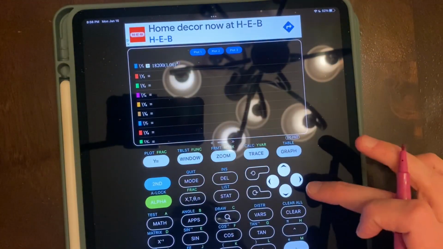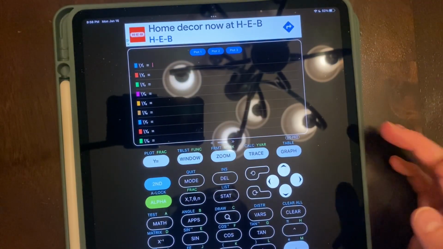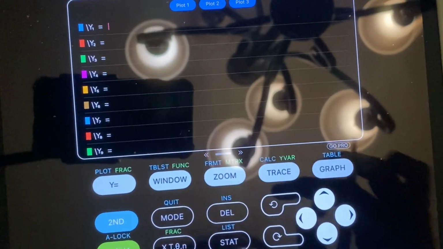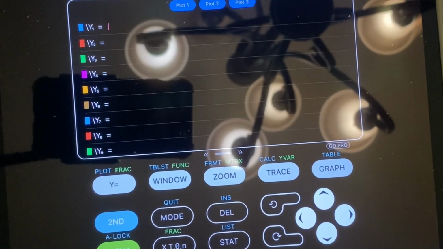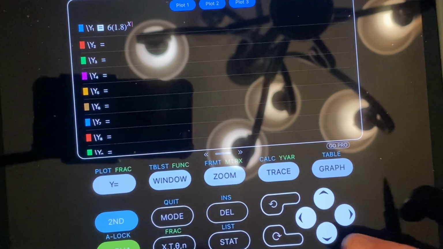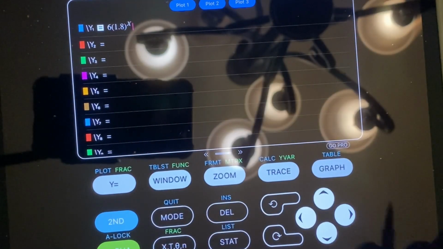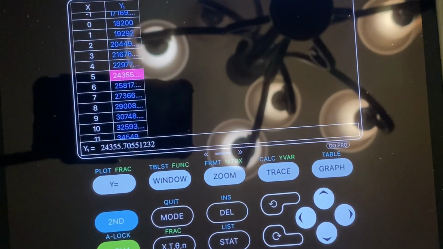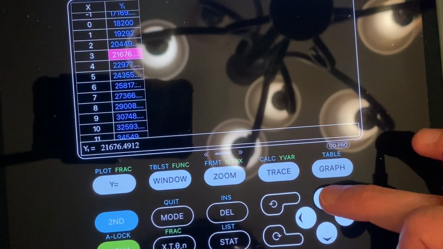Go to y equals, and I'm going to zoom in so you guys can see. Type in 6 times 1.8 raised to the x. Since there's not a c, you don't have to put the plus 0 in, just type what you see. Second table will get us our table.